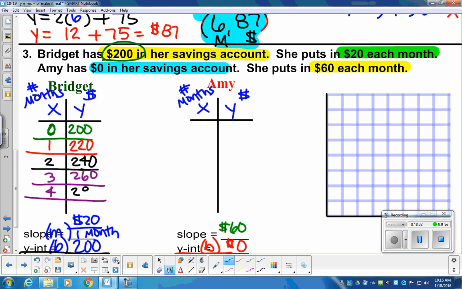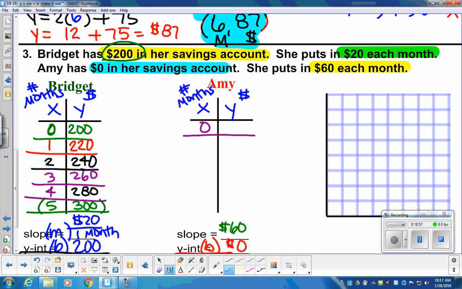Now she has $280. Because I'm running out of room here, I'm going to stop at month 5 and just see if we can come up with a match. At month 5, Bridget has $300. She's just increasing each month by $20. So she starts at 200, her y-intercept, and she's increasing by her slope of $20 each month. I ran out of room, so I stopped there, but I'm hoping that I can get a match somewhere within that range for Amy.